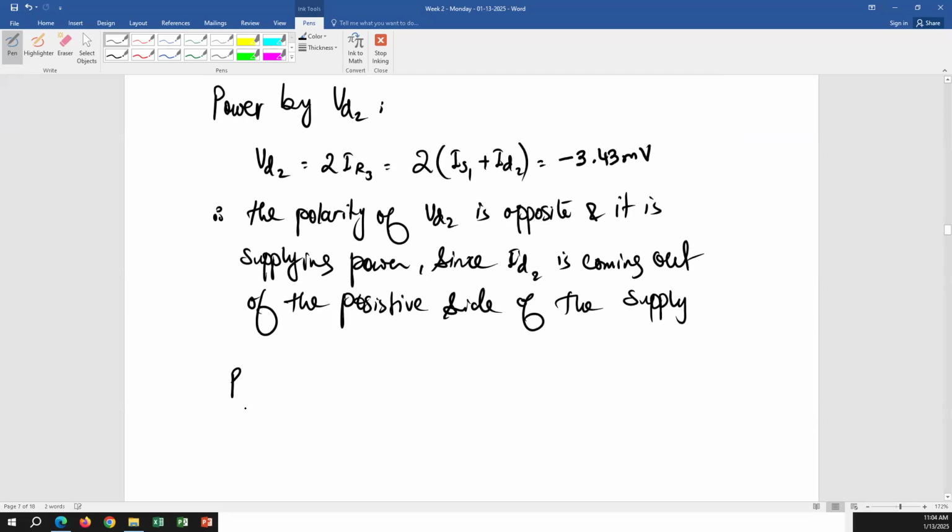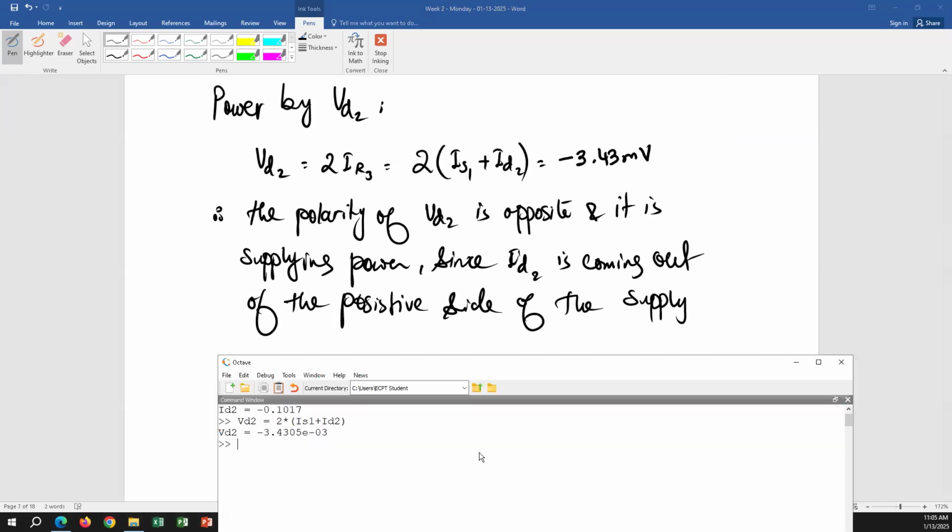Okay, so the power of VD2 is VD2 times ID2. Both are negative. That's going to make it positive. All right, 3.48 exponent negative 4.